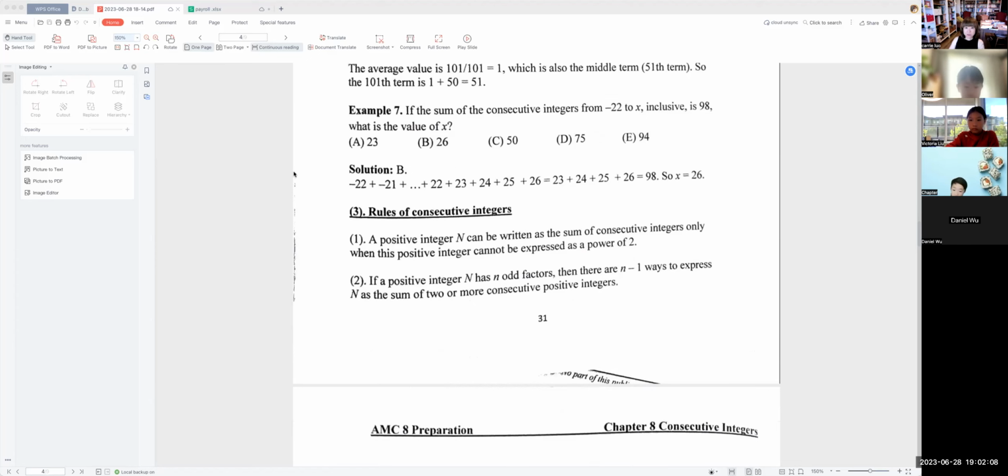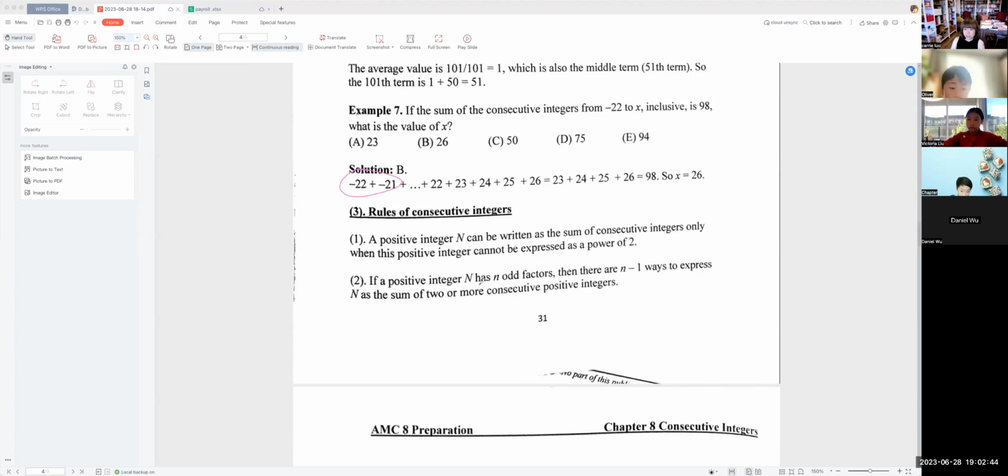So let's take a look at this one. The rules of consecutive integers. This is very important, okay? A positive integer n can be written as the sum of consecutive integers only when the positive integer cannot be expressed as a power of 2. 什么意思？A positive integer 就说每一个数字必须是正的，如果有负的，这个就不对了，OK？每一个数字必须是正的，can be written as a sum of consecutive integers only when the positive integer cannot be expressed as a power of 2.